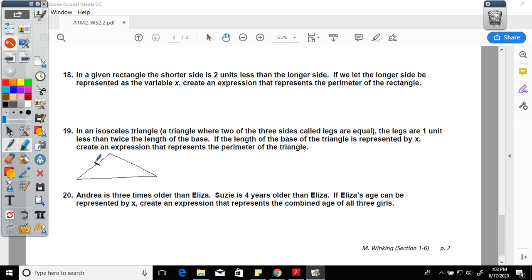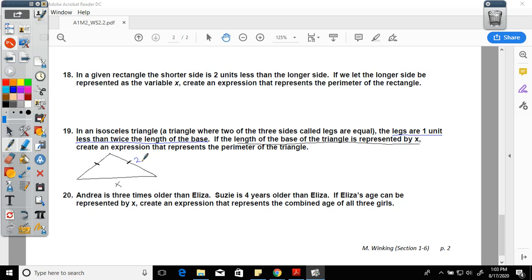But we know that this side and this side are equal. It says the length of the base of the triangle is represented by x. So here's x. It also tells us the legs are 1 unit less than twice the length of the base.